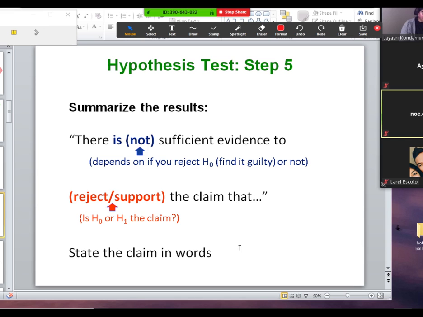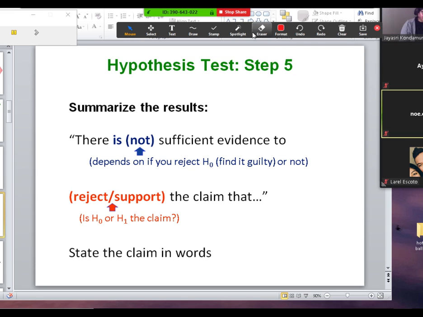State the claim. Write down whatever the claim is. Now, this part here, the not, it will be is or is not. If you reject H0, then you had enough evidence, and you say there is enough evidence. If you did not reject H0, then you would not have enough evidence.